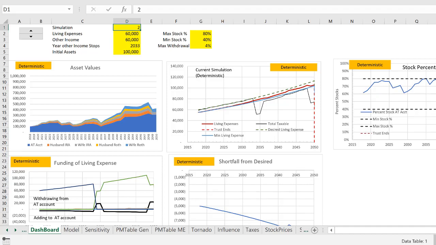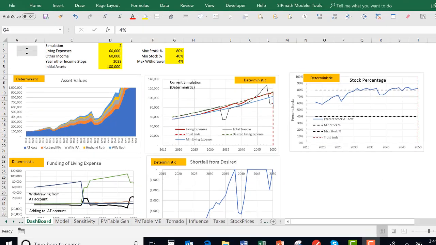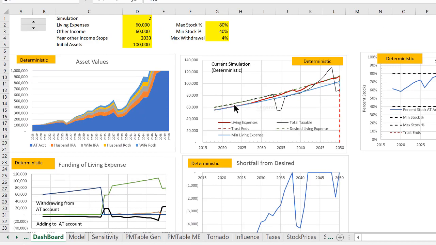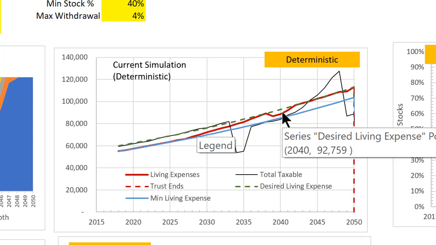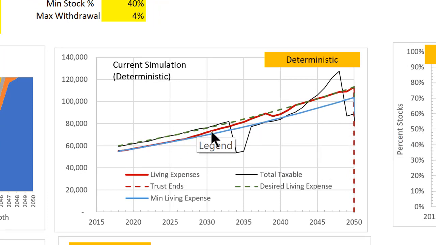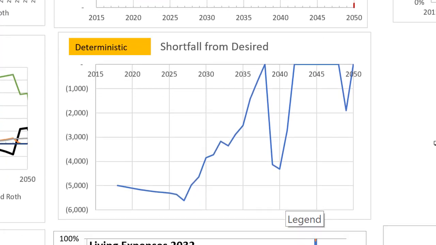Let's look at the rest of the dashboard. What we see is this green line here represents our desired living expense, and the red line represents what we're actually getting. Down here is the shortfall from the desired.